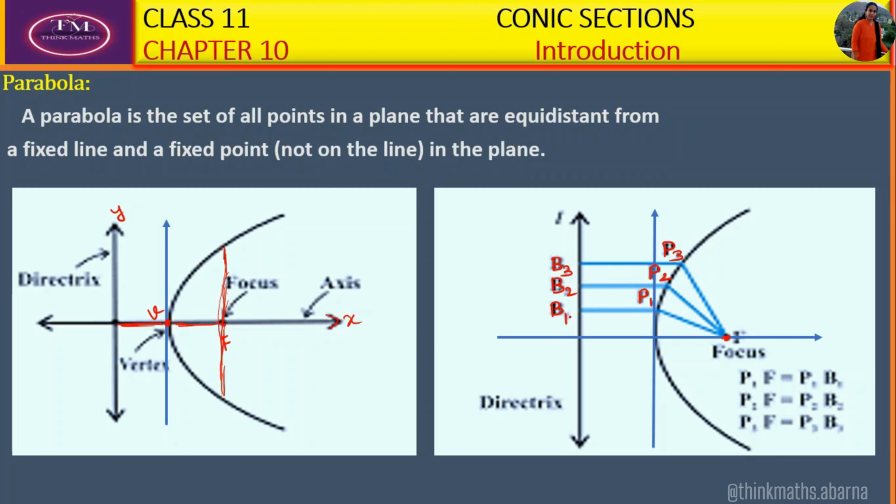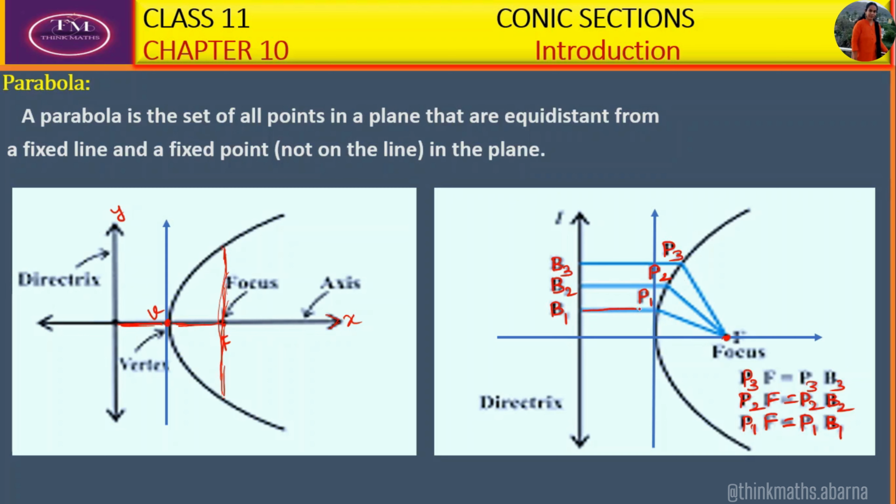That is, the distance between B1 and P1 and P1F will be the same. So P1F will be equal to P1B1. In the same way, P2F will be equal to P2B2 and P3F will be equal to P3B3. So this is the relationship of the directrix with the parabola. That is the set of all points. Who are those points? P1, P2, P3. They are the set of all points in a plane that are equidistant.